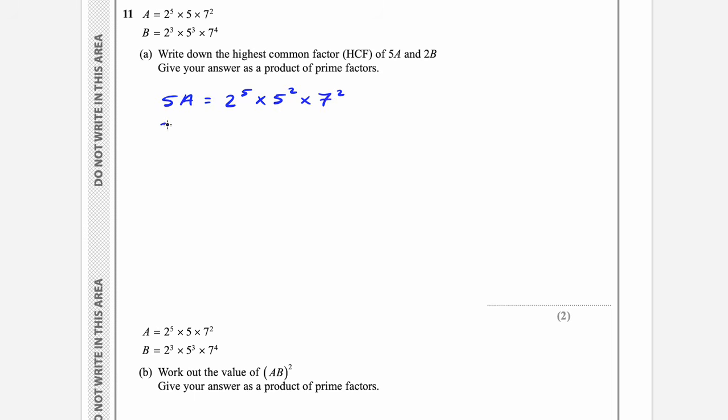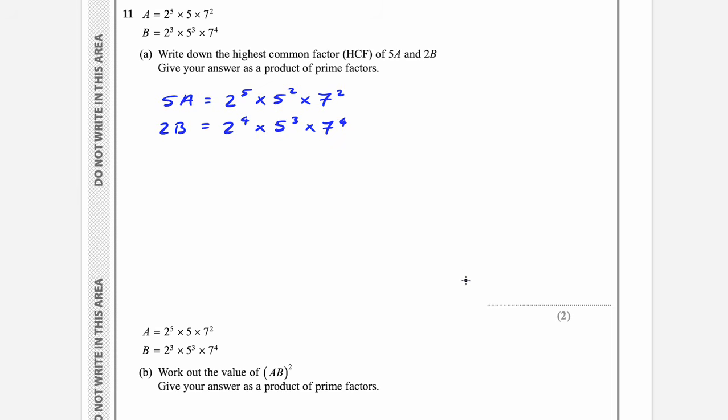And 2b is equal to 2 to the power 4 times 5 cubed times 7 to the 4. So again, I've just added 1 to this power because I'm multiplying by 2, and I've added 1 to this power because I'm multiplying by 5. Then the highest common factor is what's common.